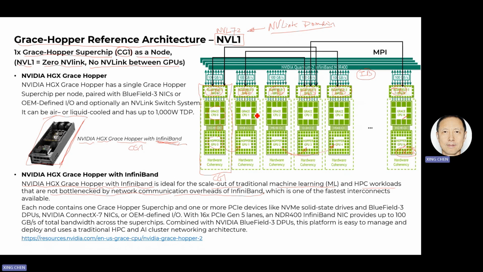The same thing could happen where CPU 1 wants to communicate with CPU 2, etc. All this has to be done by the InfiniBand. All this has to be carried out by the MPI library. So the program has to use an MPI-type library to take care of all these communication needs.